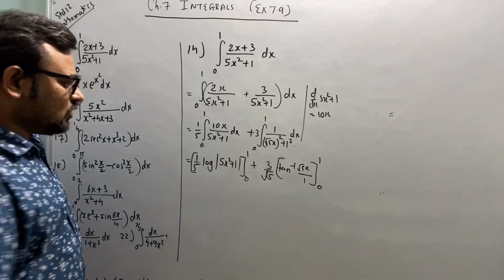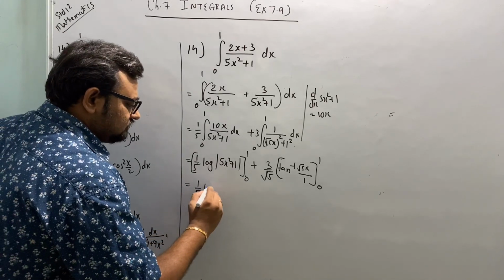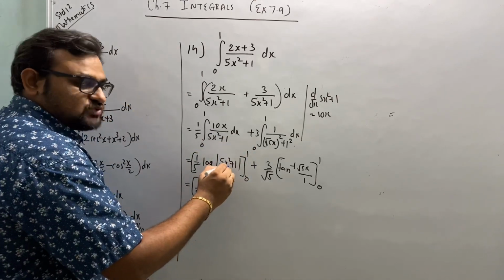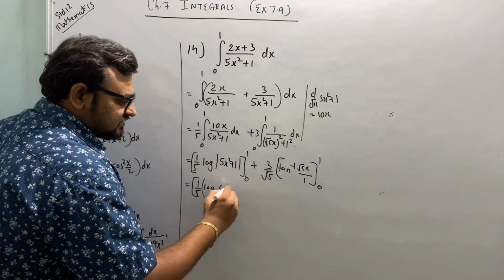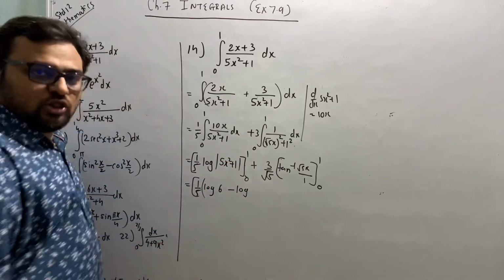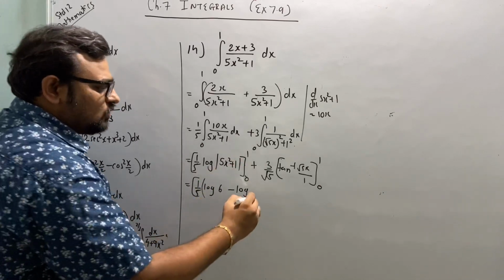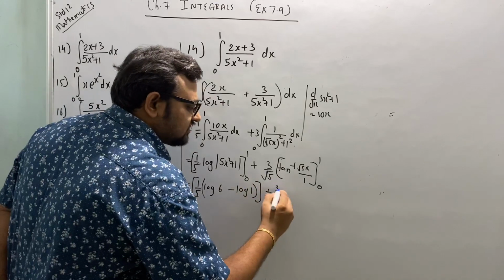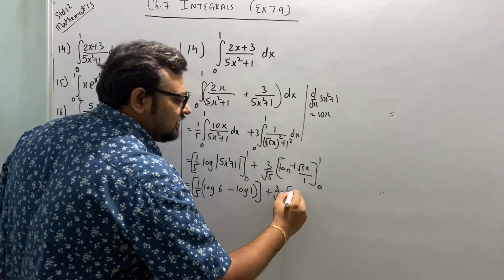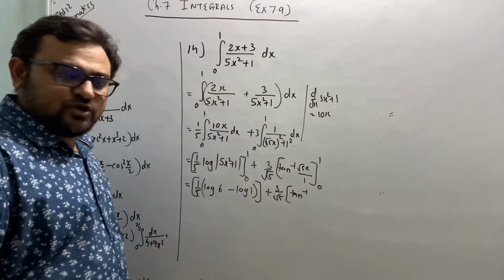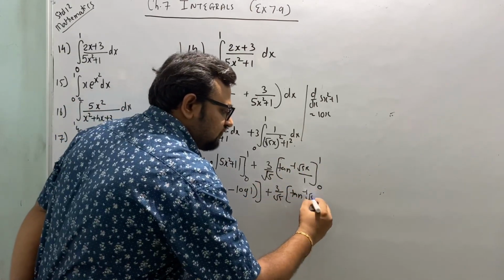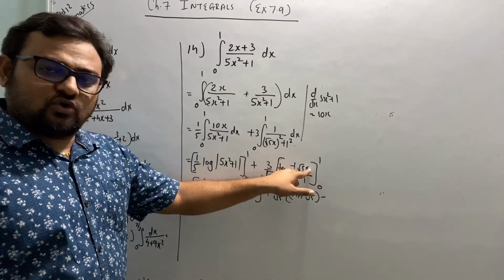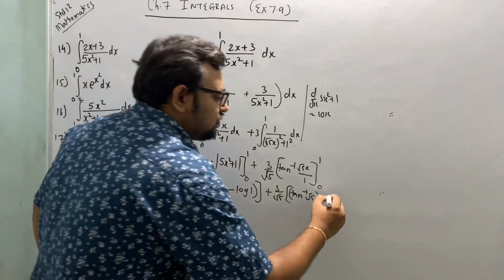Now I will just put the lower limit and upper limit. At 1 it will be 5 into 1 square, 1, so 5 plus 1, 6, minus log of 5 times 0 plus 1, which is log 1, and we know that the value of log 1 is 0. Now 3 by root 5 times tan inverse of root 5 into 1, that is root 5, minus tan inverse 0, and we know that tan inverse 0 is 0.